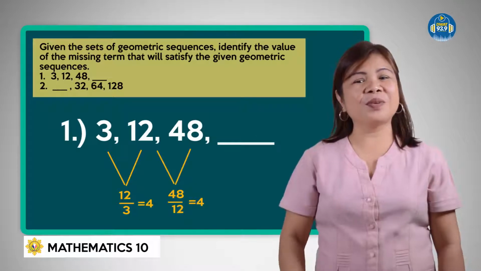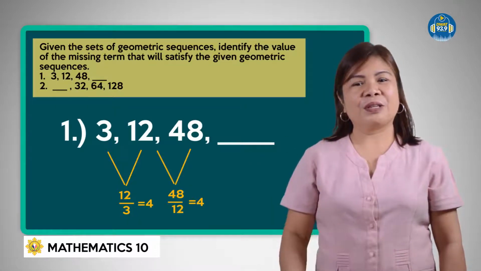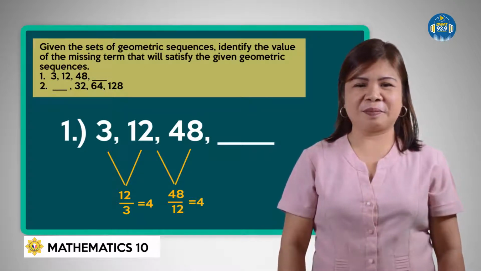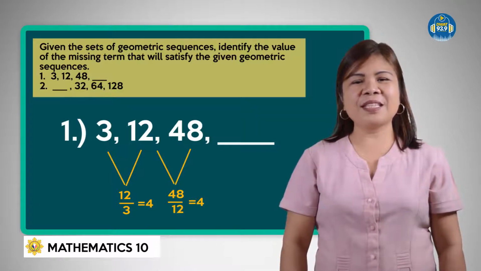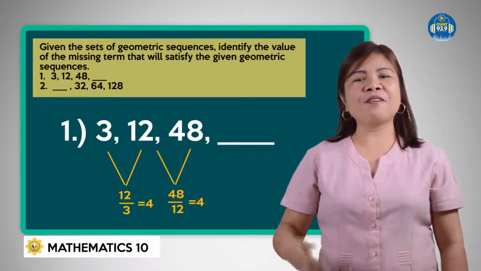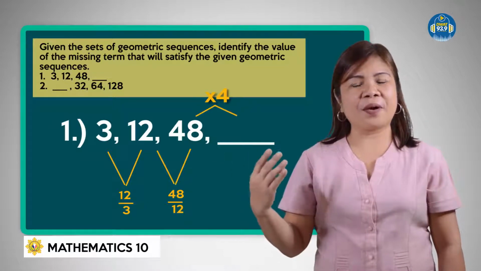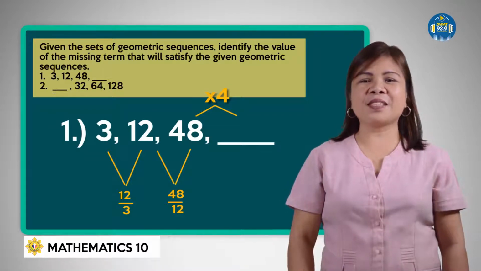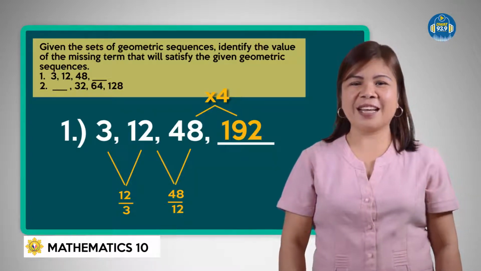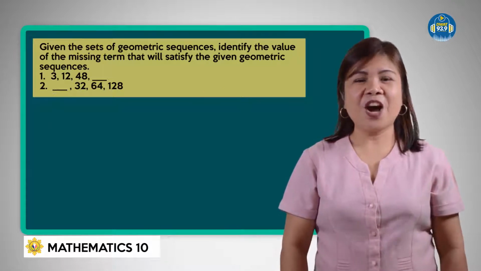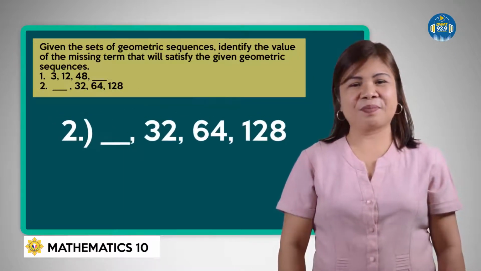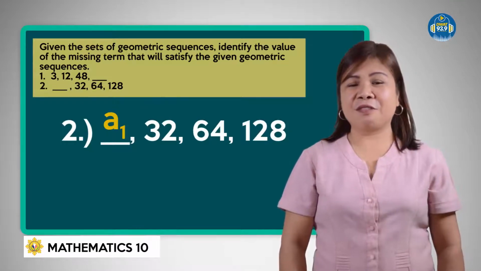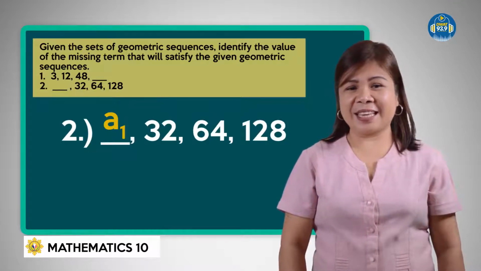The common ratio is 4, 12/3 or 48/12. To obtain the missing term, multiply 48 by 4. Therefore, the missing term in the geometric sequence is 192. On the second problem, first term, 32, 64, 128.